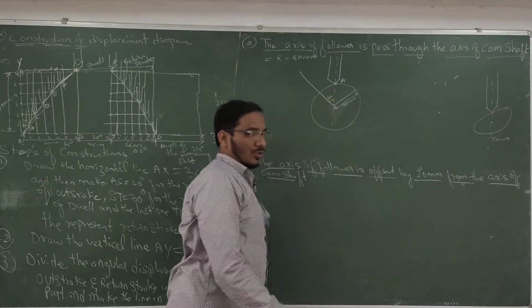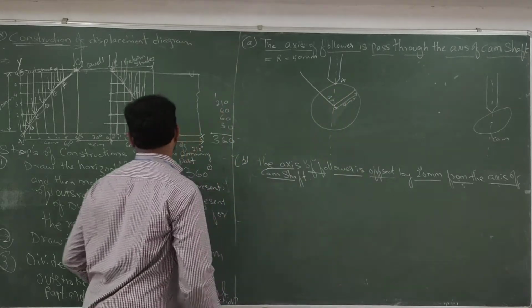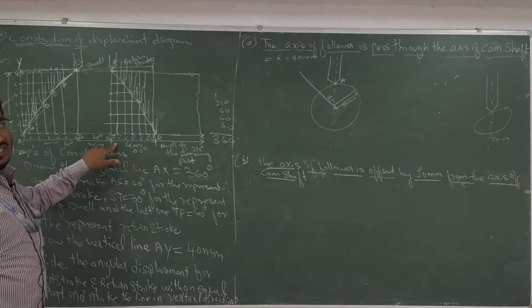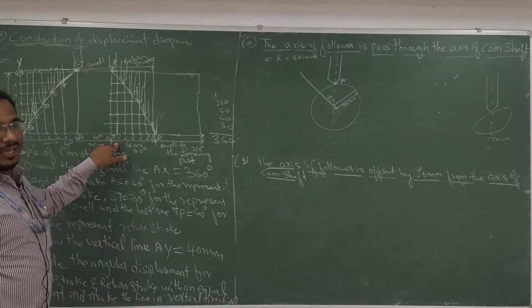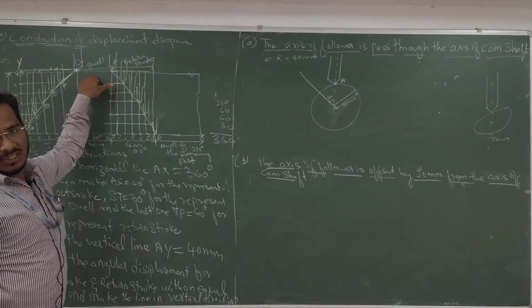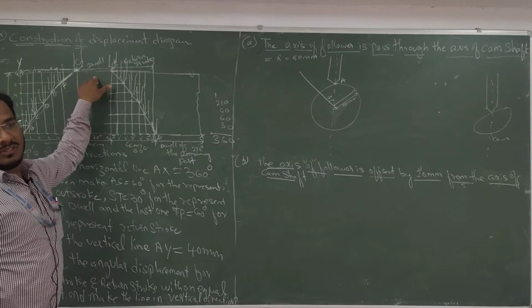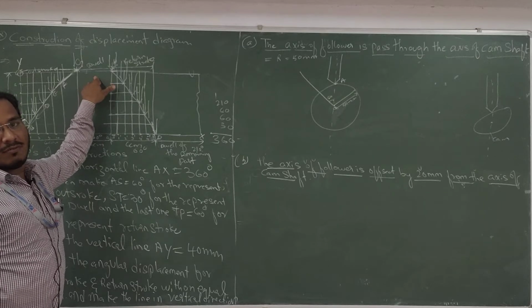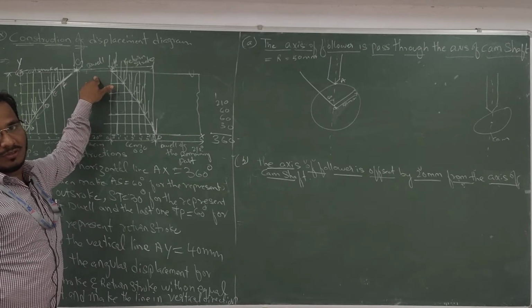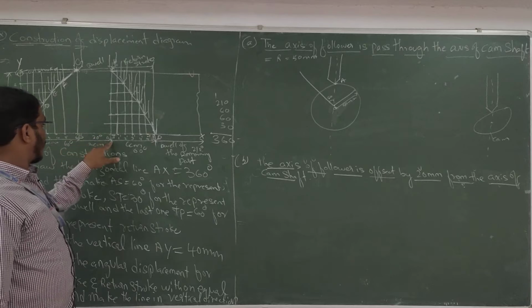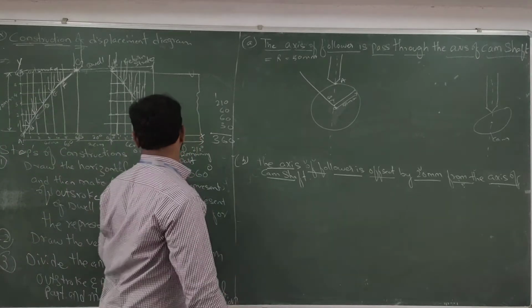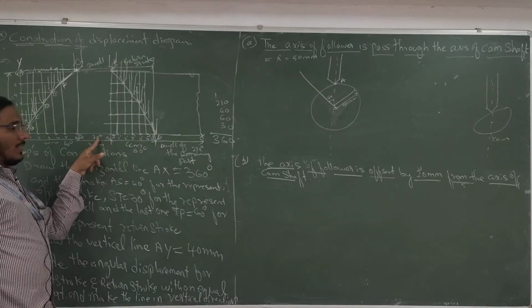That is your outstroke. Then B to D is 30 degrees. This is your dwell condition. Dwell means constant. At this position, the follower will be in a constant position. So S to T is your 30 degrees.